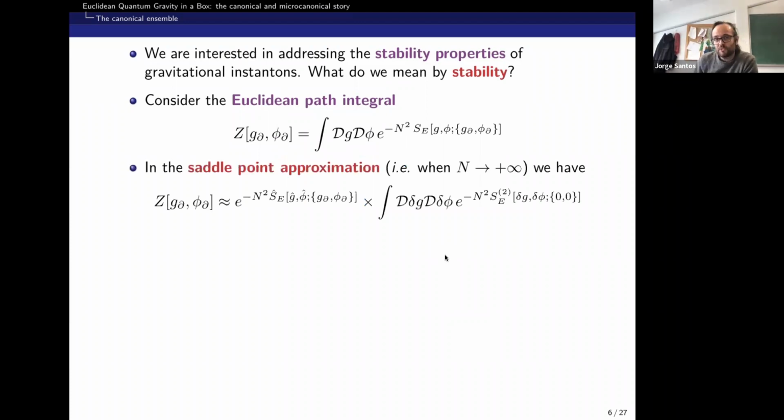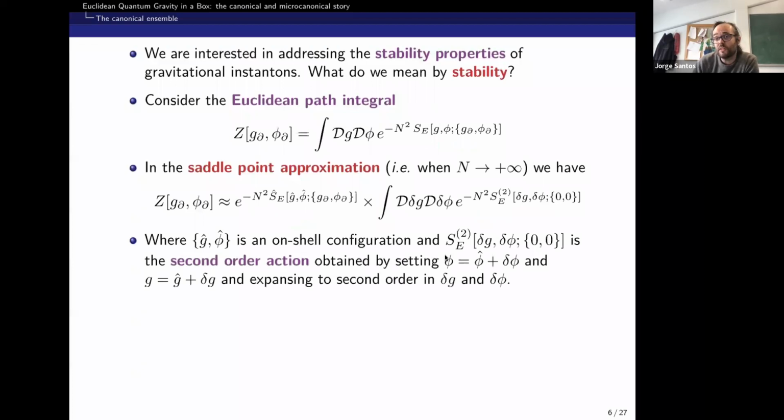All right. So if that is very, very large, I can use the saddle point approximation. There's a very large fluctuating phase here. And what does this saddle point approximation give me? Okay, well, it gives me a piece which is just the on-shell action evaluated on the classical solutions to the equations of motion derived from this action. And then there's a quadratic piece here. Okay, there's no first order piece appearing because these are truly honest to God gravitational instantons.